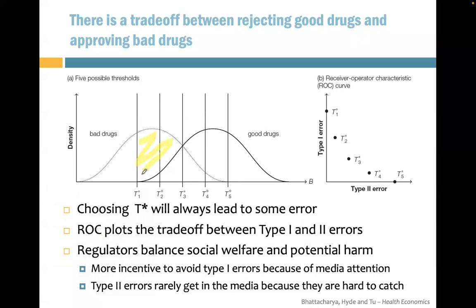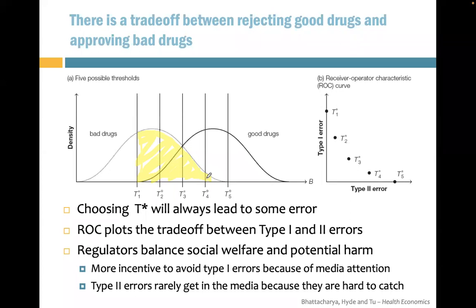If we approve any drug on the right-hand side of this T1 star line, then if you focus on the distribution of bad drugs, this yellow area is the size of the type 1 error that we created, which is the possibility that a bad drug is approved. And we can see that this is a fairly large portion.